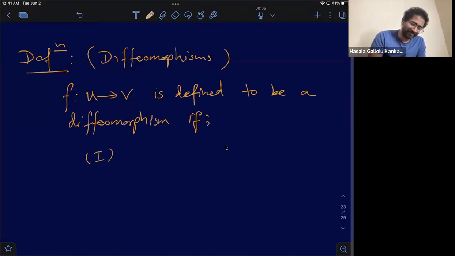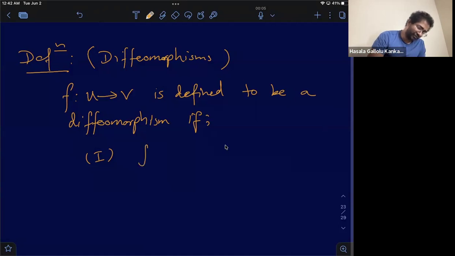I told you earlier, diffeomorphisms characterize an exact copy of a differentiable structure in another differentiable structure, right? Smoothness from one space to another, that's what you're trying to preserve.